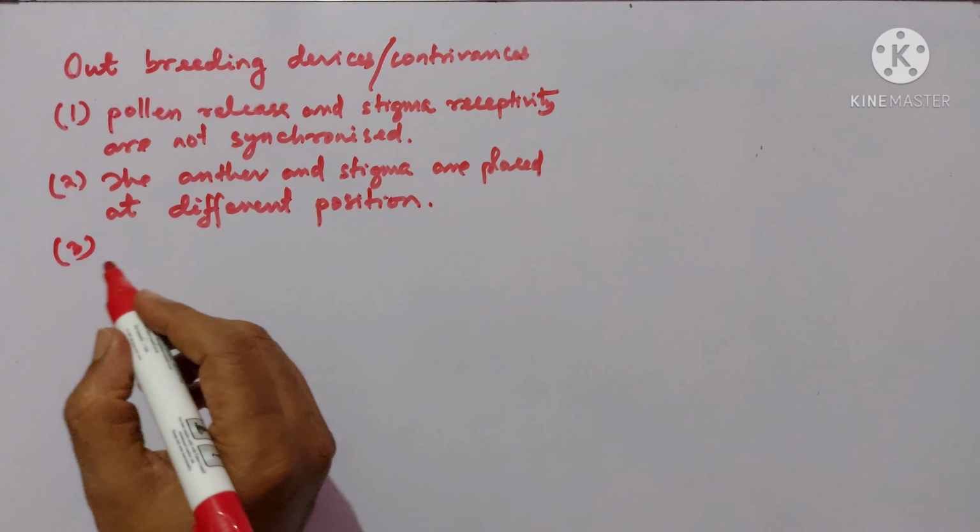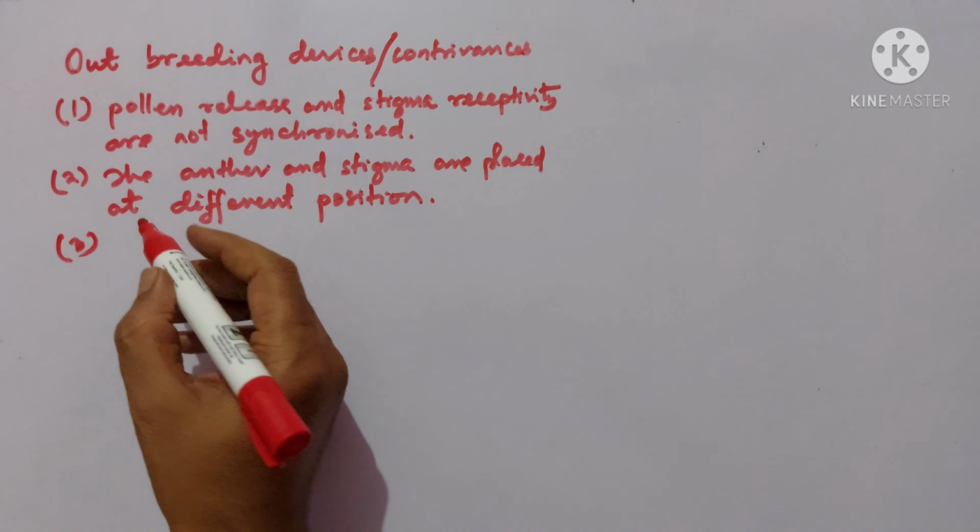Third point is self incompatibility. And fourth one is the production of unisexual flower.